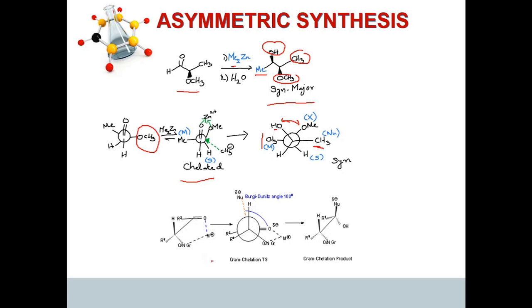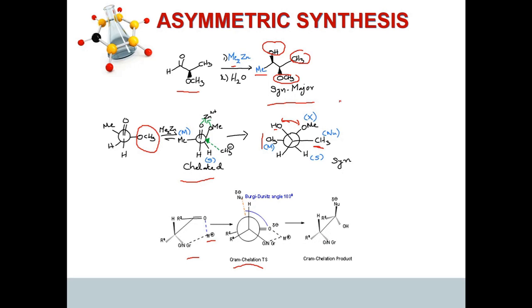So here again there is a description of what exactly happens. My electronegative group and my carbonyl oxygen form a chelated complex with my metal. Now the attack takes place by the Bürgi-Dunitz angle of 103 degrees, and we have a Cram chelation transition state, and we end up with a Cram chelated product, and syn would be the major product.